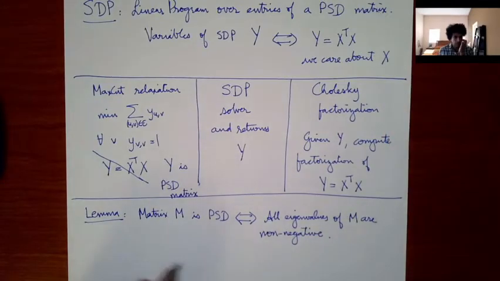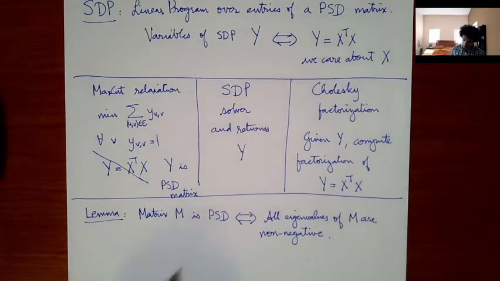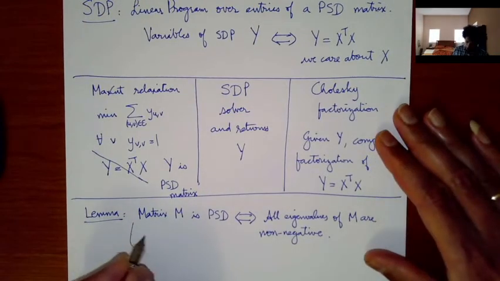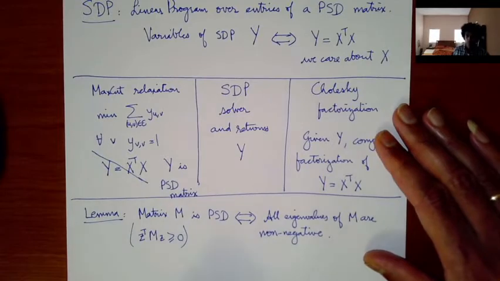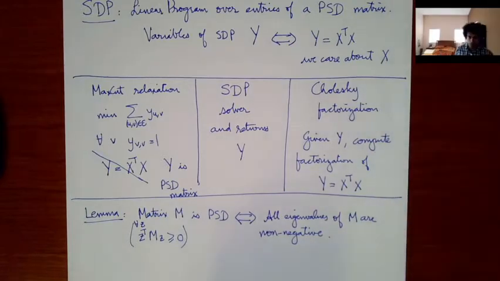Remember, the way we defined PSD is that Z transpose M Z is greater than or equal to 0 for all vectors Z. This is equivalent to saying that all the eigenvalues of M are non-negative, and this is exactly related to the Rayleigh quotients, which we discussed in the lecture on the Cheeger inequality.